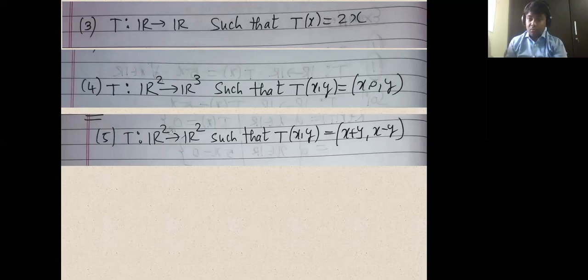So that is equal to (x, y) such that (x plus y, x minus y) is equated with the 0 vector. Just apply the definition of linear transformation T. Now further equate, and then what will happen here is we will get a system of homogeneous linear equations.